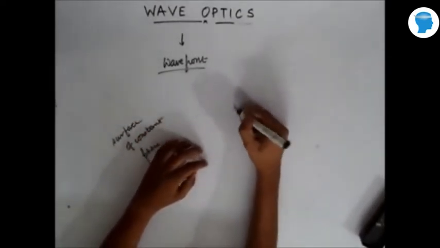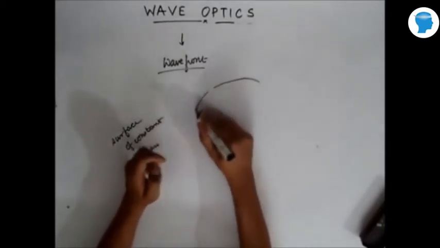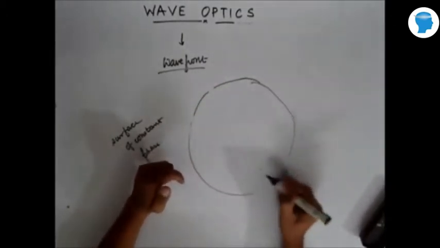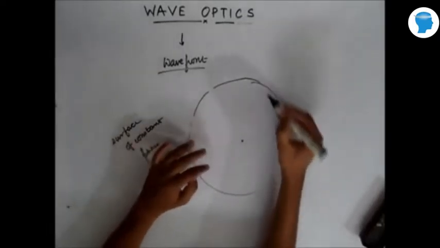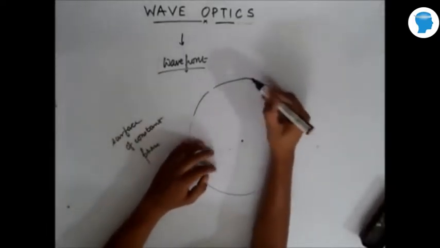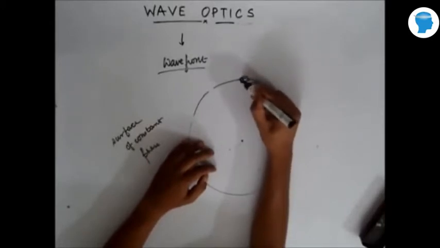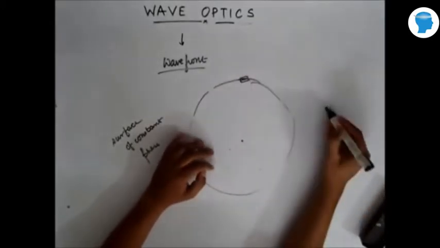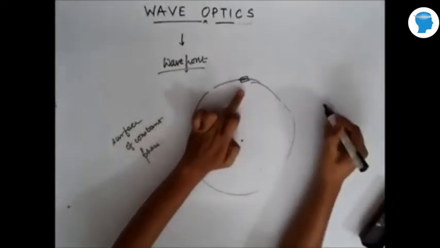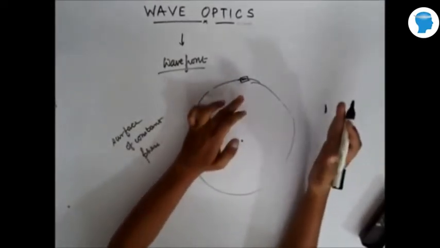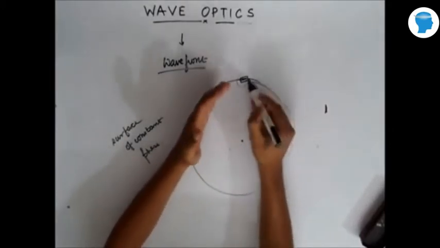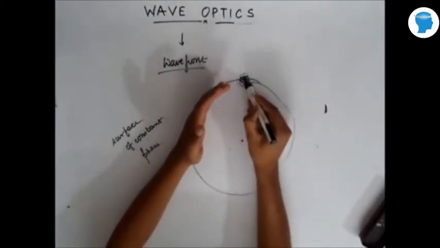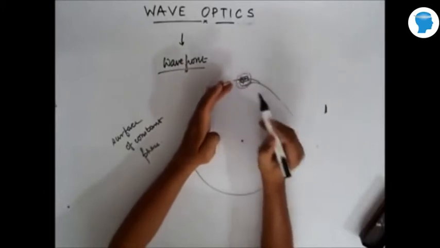Now as I move too much outward from the center, let's say my point source is here which emits waves, and I am moving here. Now if I take a small cross section, what I'll see is that this small section will look like a straight plane surface, and I can approximate here that the wavefronts are plane for this portion.